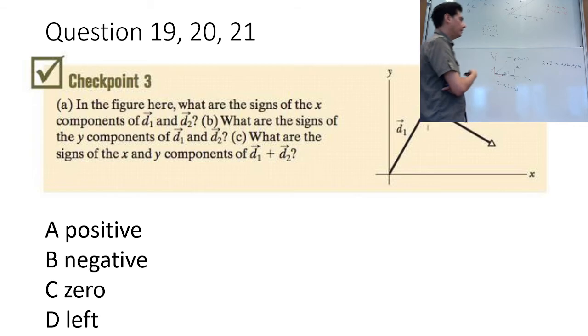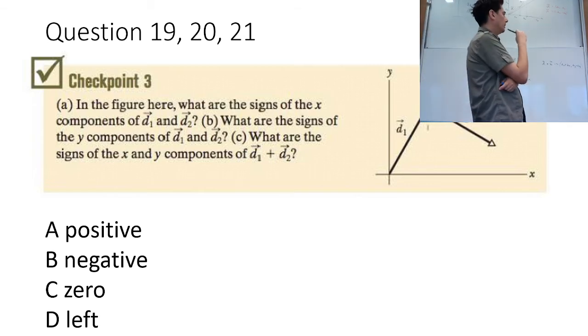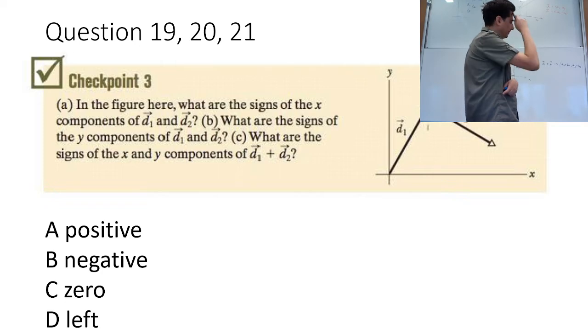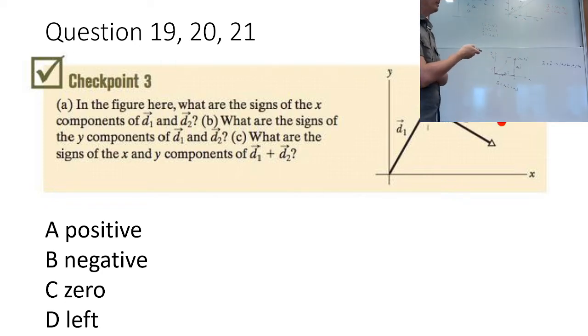What are the signs of the x and y components of d1 plus d2? I don't even understand the question. Signs of the x, sign and y sign. Oh, right, sorry, I jumped ahead. I thought this was d1 plus d2.